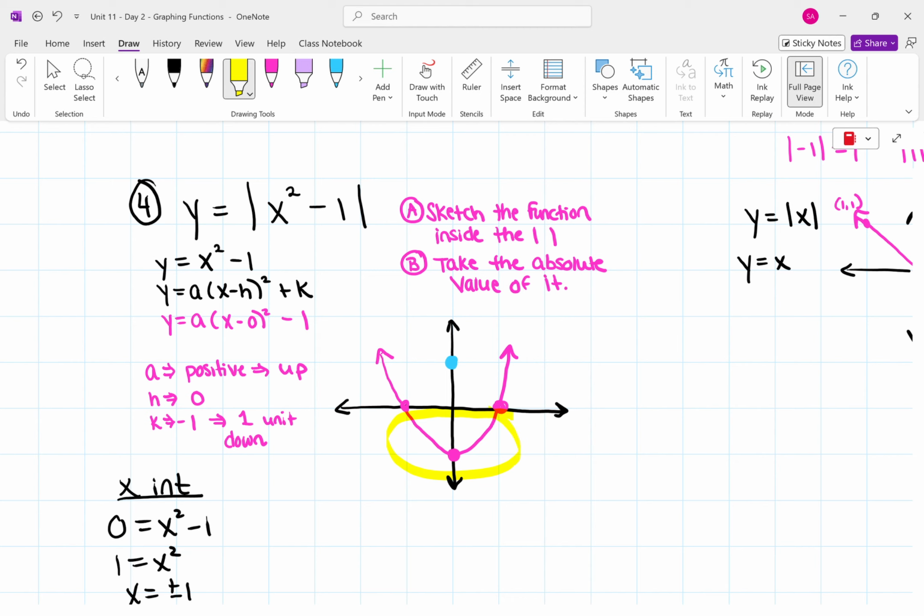And now this whole section has to also become positive. So how does this look? So the part that was already positive stays the same. So this pink was already there. Do we agree? But now after this point right here, it started getting negative. I can't be negative. I have to stay in the positive. So what happens is it hits that point and bounces up to that point.